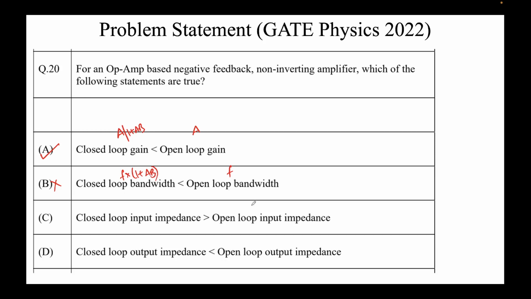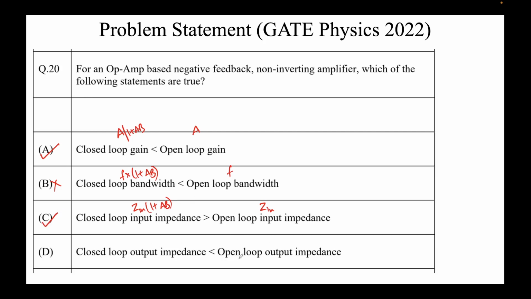Now, open loop input impedance is Zin, and closed loop input impedance is Zin times 1 plus AB. Because the input side is series, and in series the resistances add up, the closed loop input impedance will always be greater than the open loop input impedance. So option C is correct.